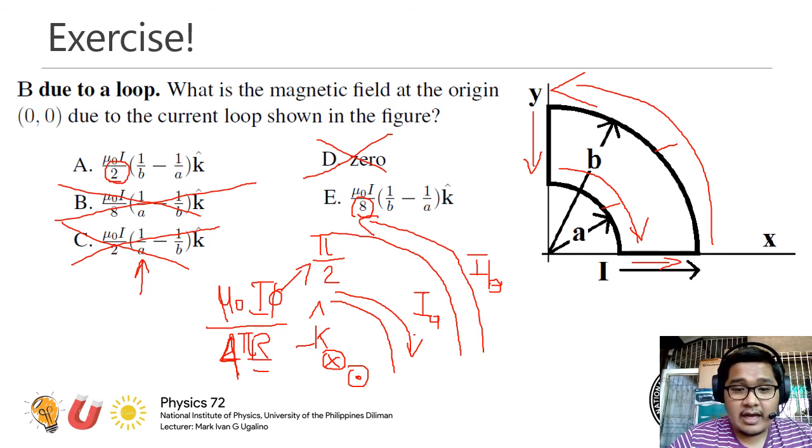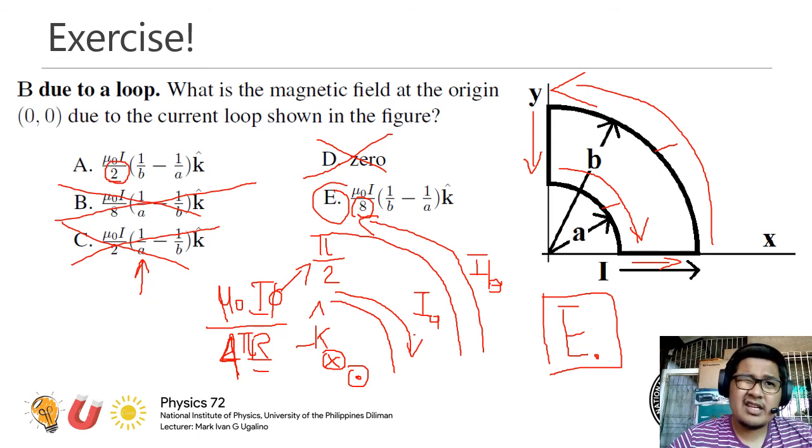And if you apply your pi over 2 to this problem, what you get as an answer is letter E. So the answer for this item is letter E. So this is purely analytic. It just depends on how you analyze the problem.